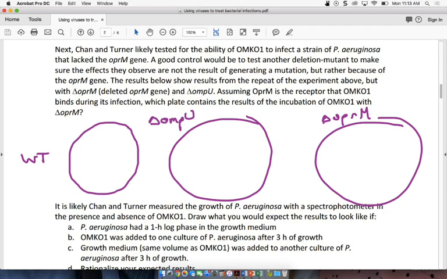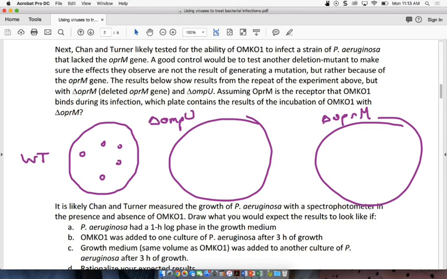Taylor, what's on that previous picture? Yeah. So we would have a lawn of bacteria, but if the phage is present at any of those locations on the lawn, we get these plaques, these areas where there's no bacterial growth occurring.